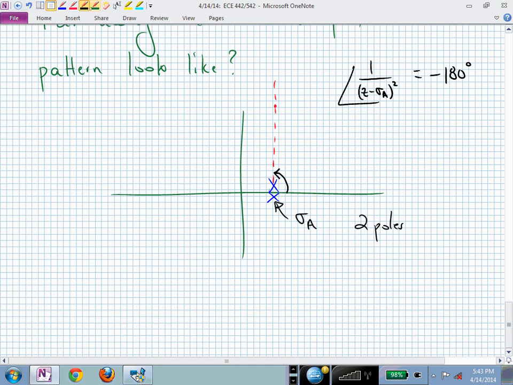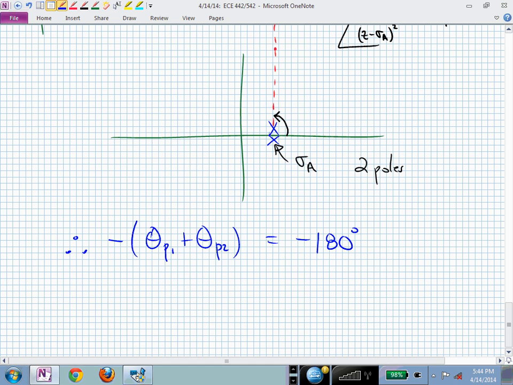If that's what we have, then I hope that you can see that each of those angles, we could say, oh, we have an angle due to the first pole, and we have an angle due to the second pole. That's the left-hand side, and we're saying that equals minus 180. And both of those poles experience the same angle. They're right on top of each other. So we could have said that's minus 2 theta sub P1 is equal to minus 180.